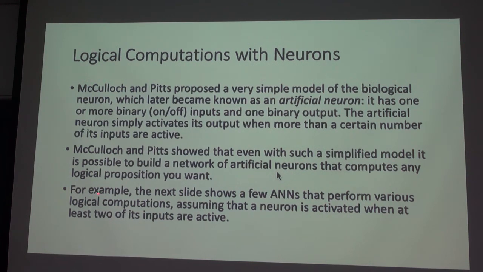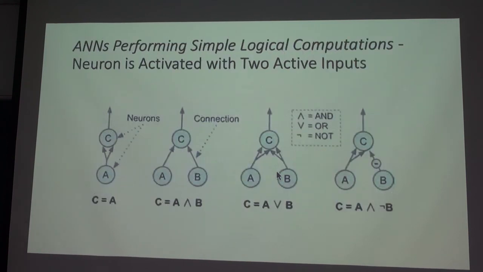So for example, here we show a few ANNs that perform various logical computations, assuming that a neuron is activated when at least 2 of its inputs are active. Here, if you want C equal to A, just because A is branching into 2 inputs connected to C directly, if A is active, C must be active.